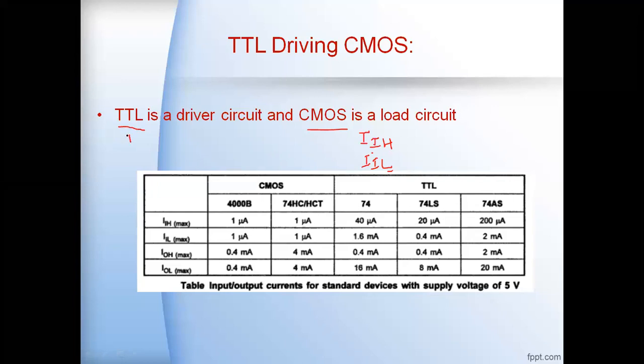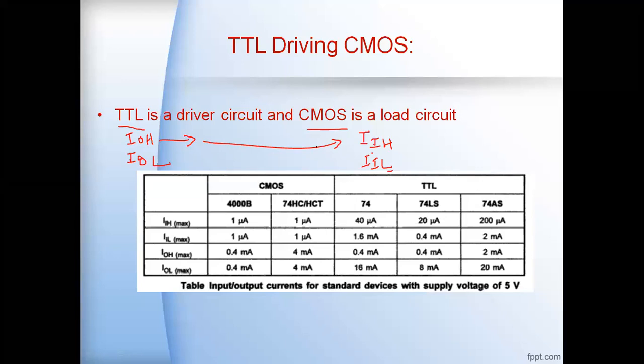So now we will consider from the TTL the output current parameters here, IOH and IOL. So now, when the output is at logic high state, this IOH current is going into the IIH current.